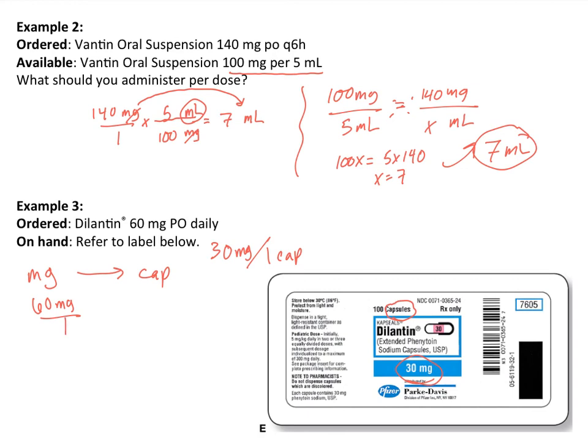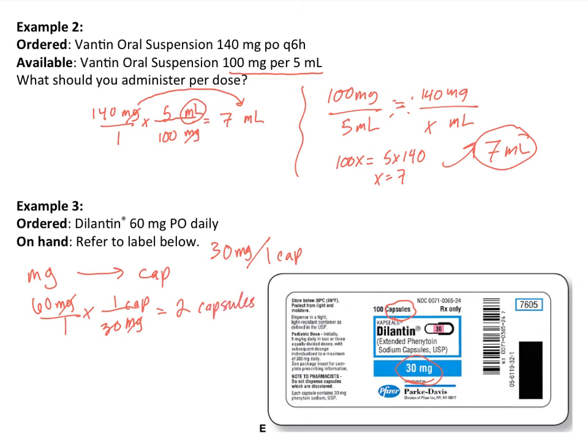So I need to get from 60 milligrams to capsules. I'll start with what I know must happen if I'm using dimensional analysis. The patient must receive 60 milligrams, but that's not the unit I want. I want to convert milligrams to capsules. And I know there are 30 milligrams in one of those capsules. Just by this multiplication of 1 over 30, you're going to get 2. So it'd be 2 capsules.